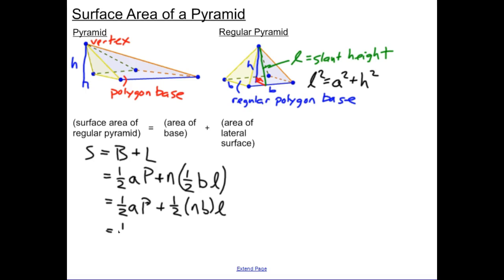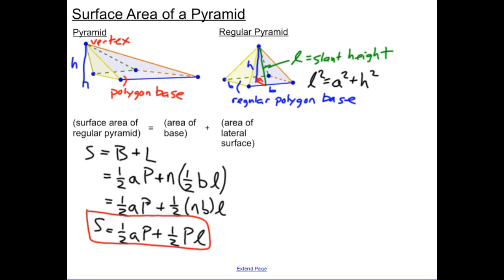And what we recognize is that n times b is really the perimeter. b is the length of one side, and I've got n of those sides, so the perimeter is equal to nb. So I now have 1/2 times the perimeter times L. And this is a practical equation that we would use in determining the surface area of our pyramid.